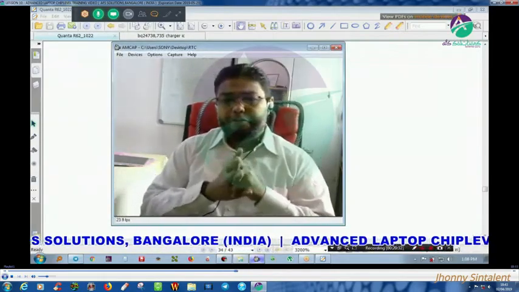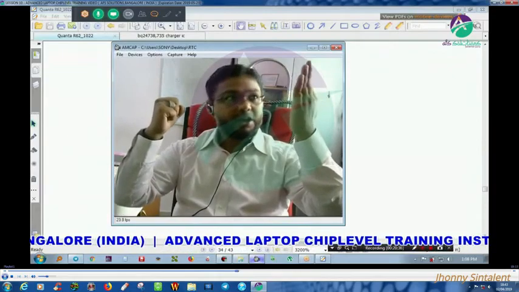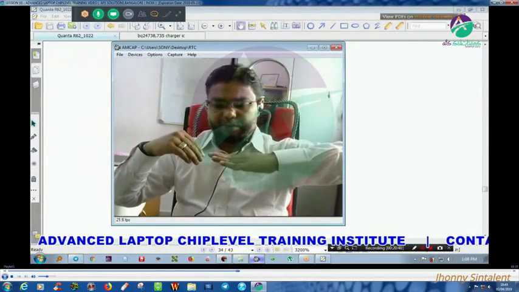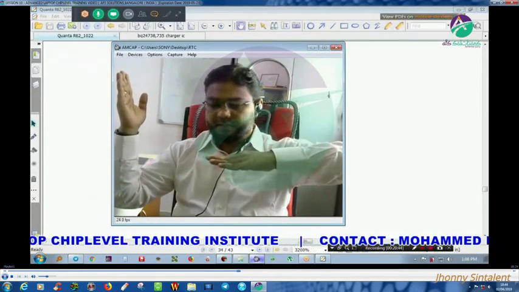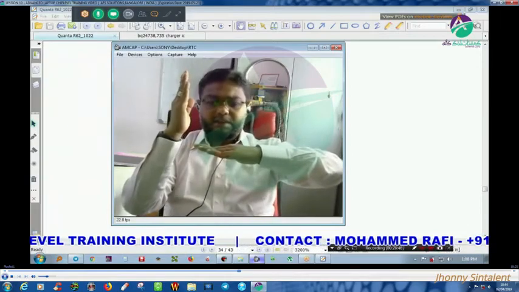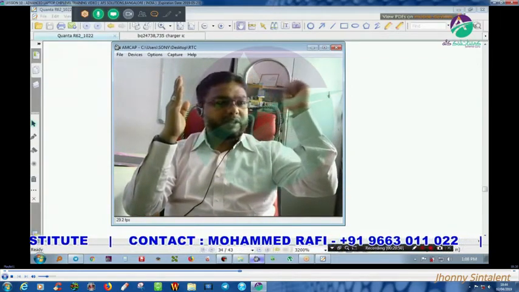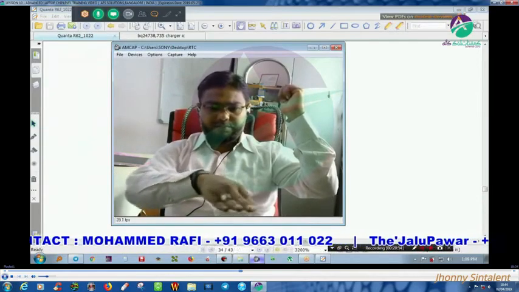Now, suppose this is my adapter, this is my battery. When the adapter voltage is injected in the laptop, the battery will go to off condition. When the adapter is removed, the battery will go to on condition and this voltage will pass into the laptop.